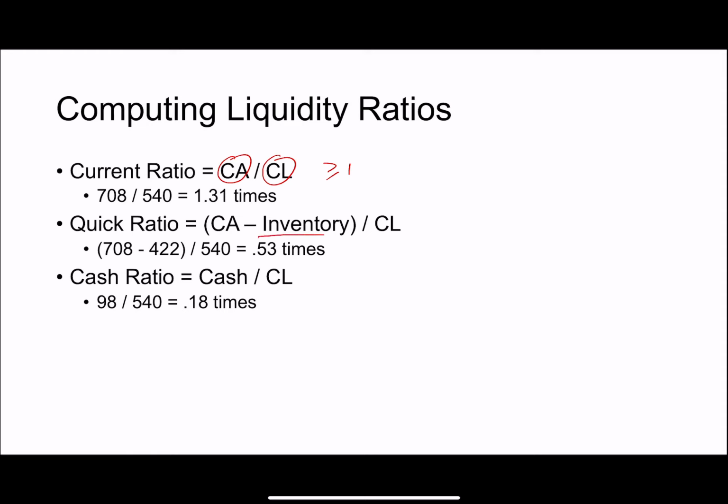Inventory. Inventory sometimes is the hardest to liquidate, especially if that inventory is a finished product that is not in high demand. If most of my inventories are raw materials, then it's not too bad. I can always sell raw materials. If I'm making cars and I have a lot of steel, glass, and plastic, I can sell it on an exchange like the Chicago Mercantile Exchange, where commodities are traded.